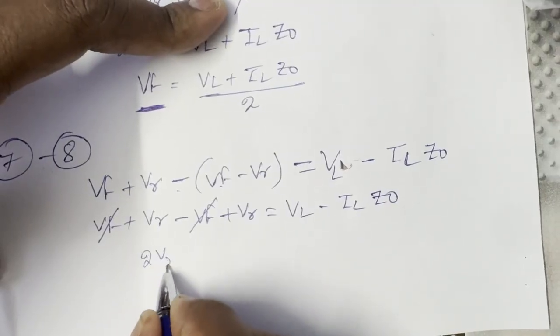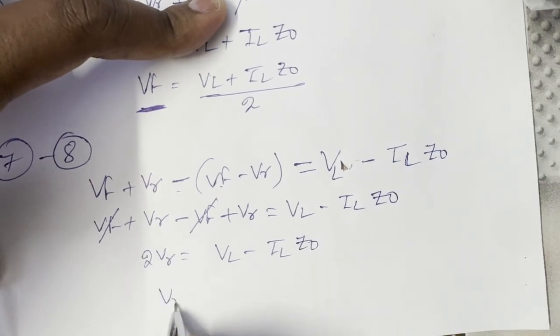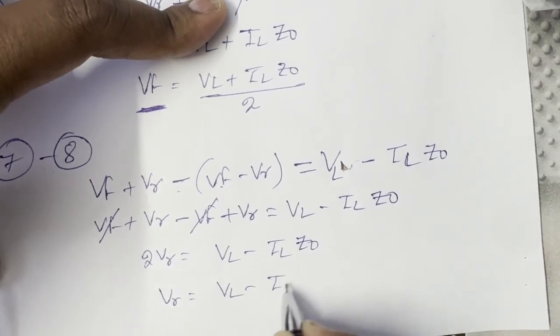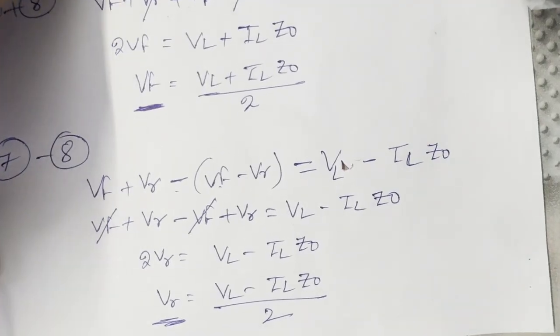So 2Vr equal to VL minus IL Z0. Vr equal to VL minus IL Z0 by 2. It is the expression for Vr.